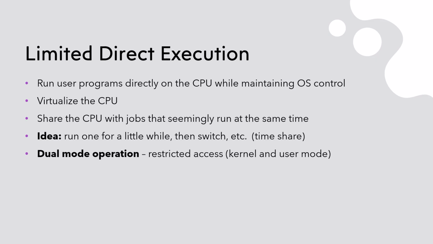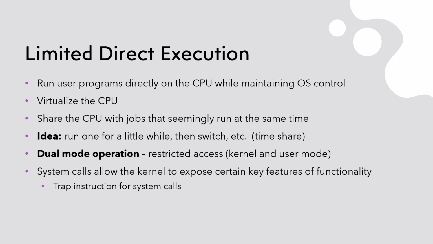Of course, you would have dual mode operation because there are things that must be done only in the kernel or system mode, and that cannot be done in user mode. There are privileged instructions, so you can't allow user programs to access files or memory or some of these things that the kernel must take control over. And that's done through system calls.